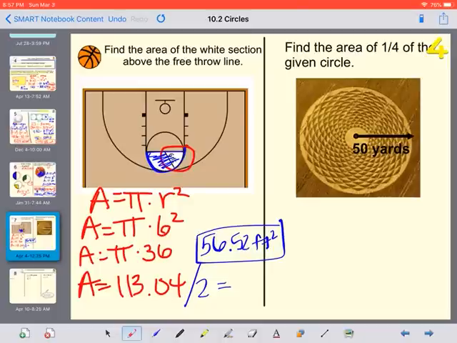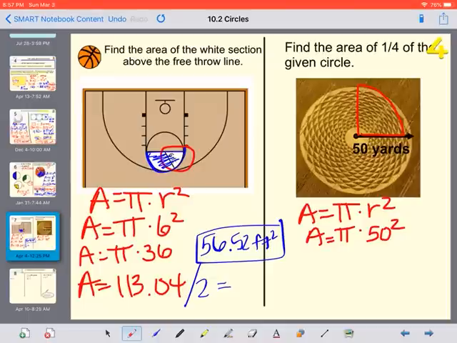Next, find the area of 1/4 of the given circle. So we would want this portion. Well, the area of the whole thing is pi times radius squared, and our radius is 50. So 50 squared, 50 times 50, is going to give us 2,500 times pi, gives us a whole area of 7,850, but we only want 1/4 of the whole circle.